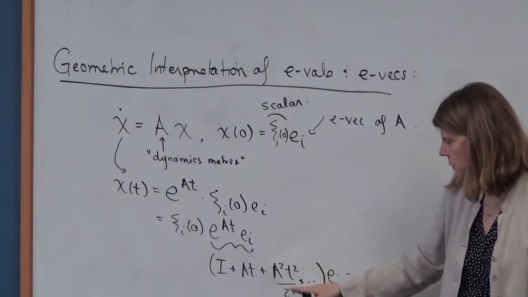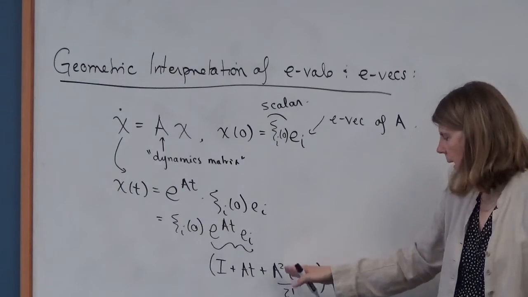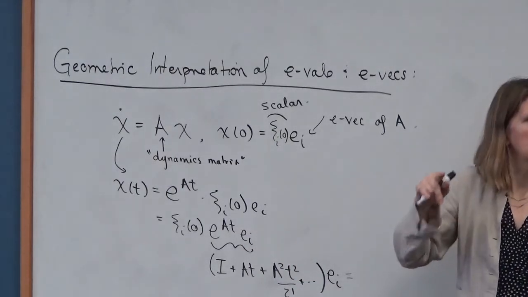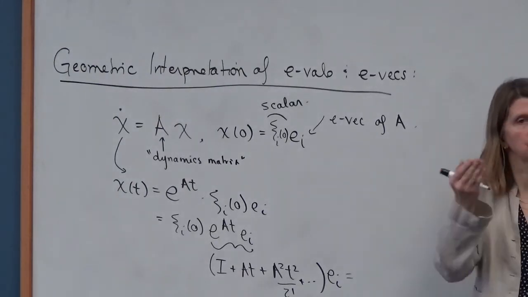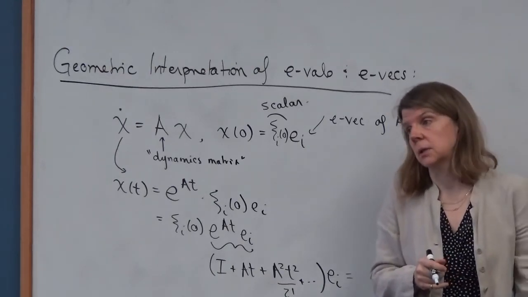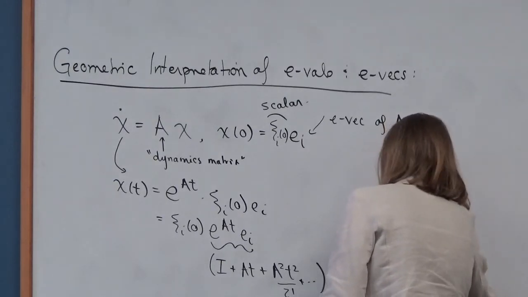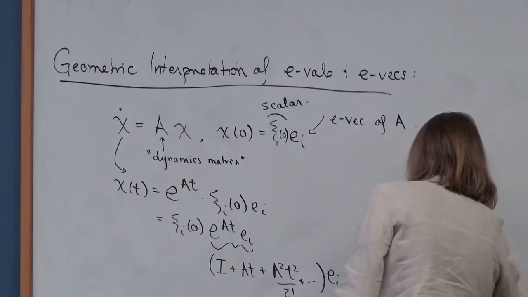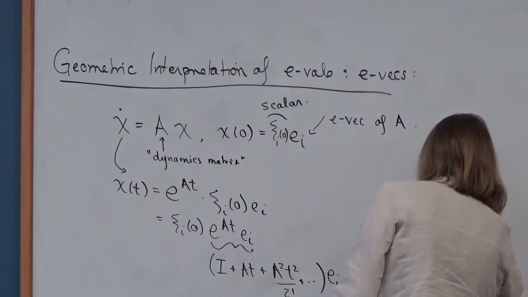Bring the t squared over 2 factorial out; it's just a scalar. So this is A times Ae_i, which is A times lambda_i e_i, which is lambda_i squared e_i. So I'm just using the fact that e_i is an eigenvector and collapsing all those A matrices down to lambda_i's. So that's equal to 1 plus lambda_i t plus lambda_i squared t squared over 2 factorial, times e_i.